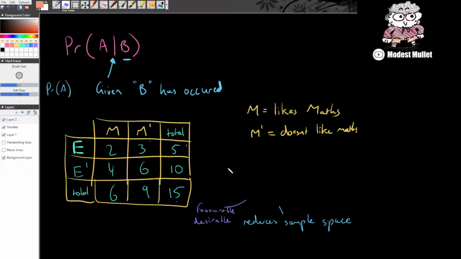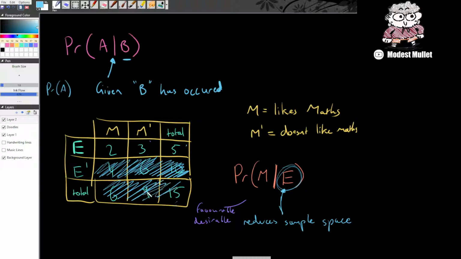I want to find the probability that a student likes maths given they like English. Okay. So let's look again, start with looking at our condition, our reduced sample space. We need students that like English. So we get to ignore everyone that doesn't meet that requirement. So all of these students who don't like English, we don't care about them at the moment.